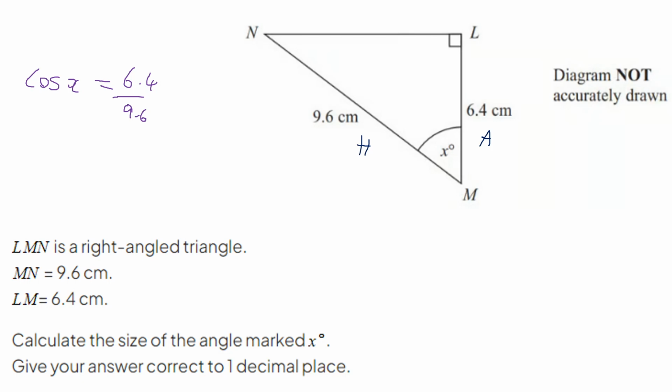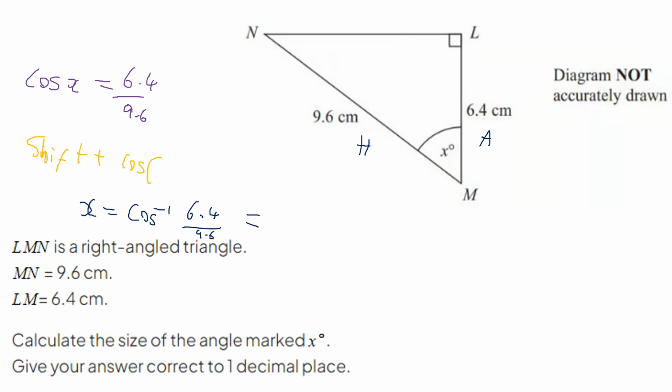So all we're going to use is something called the inverse cos function, where if you press shift on your calculator, plus the cos that you have there, you should get it. So what we have is that x is equal to the inverse cos of 6.4 over 9.6.